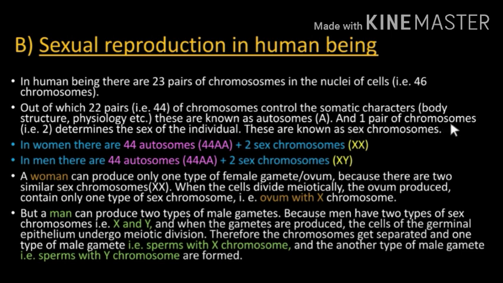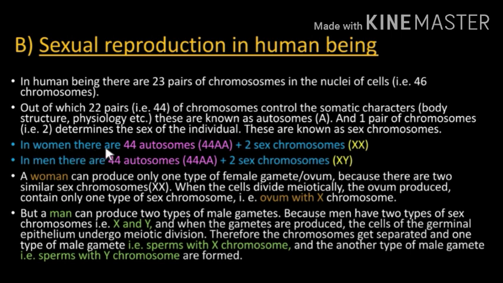And one pair of chromosomes, that means two chromosomes, determines the sex of the individual. These chromosomes which determine the sex of the individual are known as sex chromosomes.